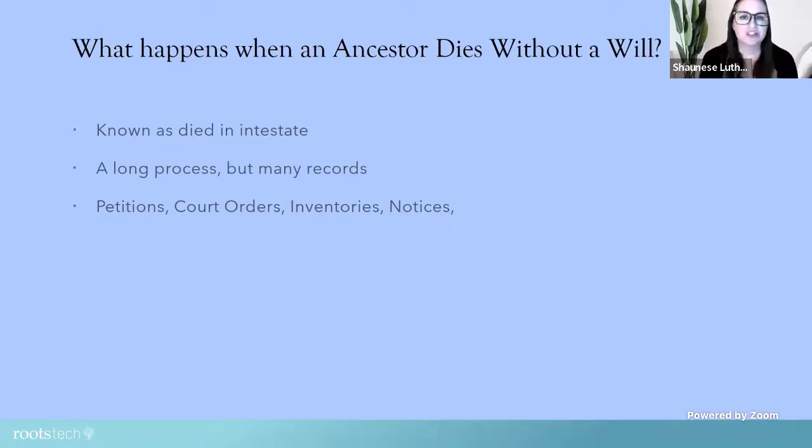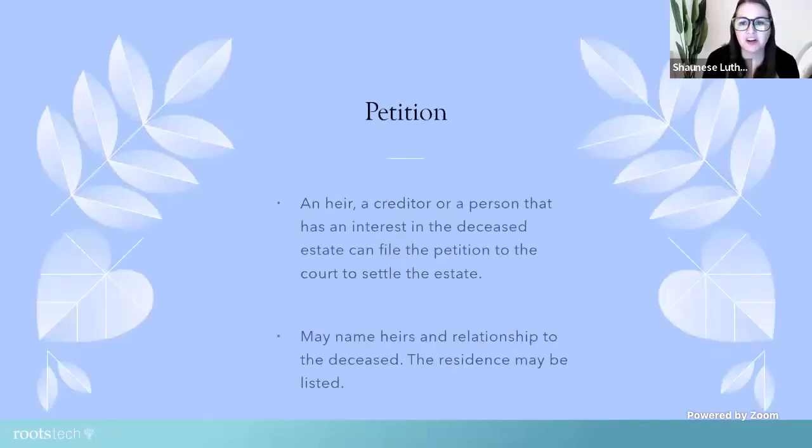So you'll have petitions, court records, inventories, notices without a will. But you can also have it with the will if someone went to petition it, which I have seen in my own family research. So the petition is an heir, a creditor, or a person that has an interest in the person's estate can say, hey, I want that land. I'm going to file this.